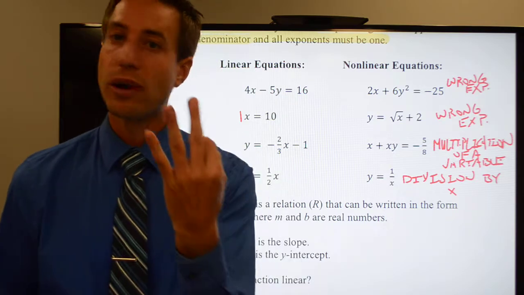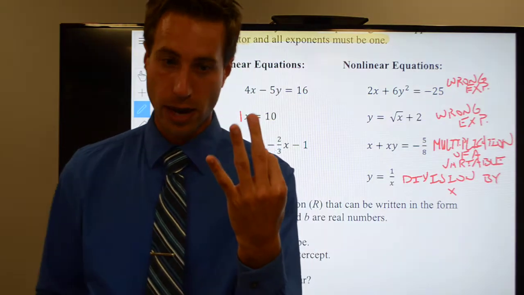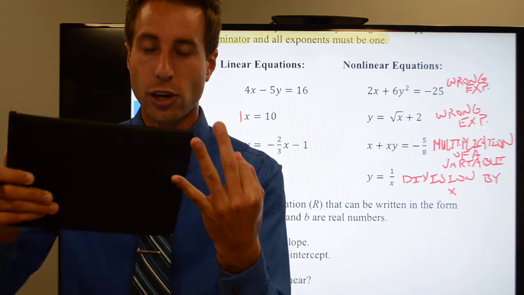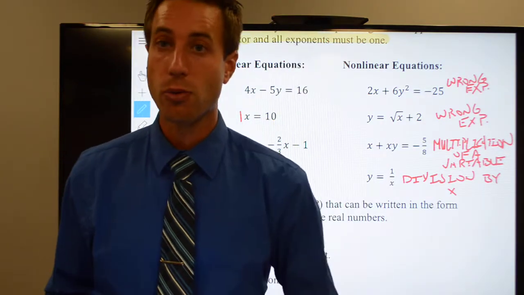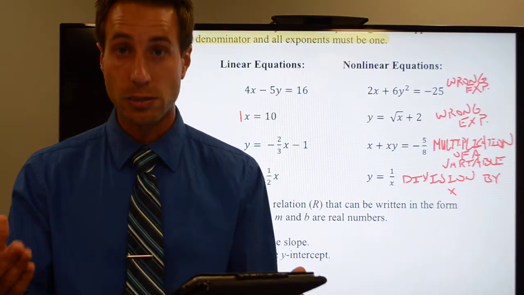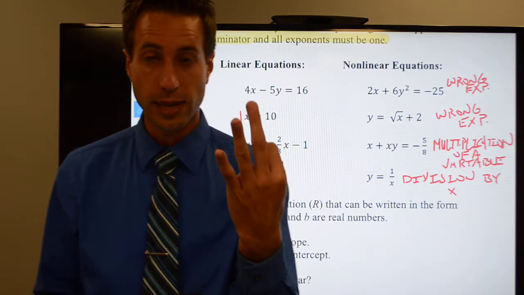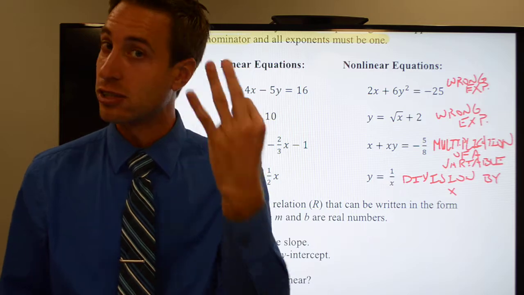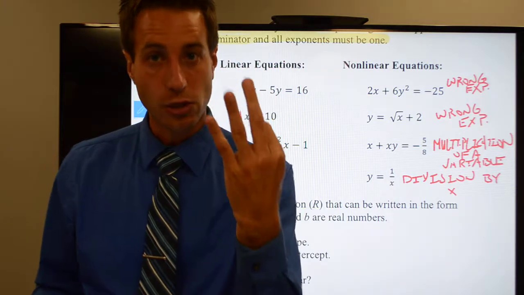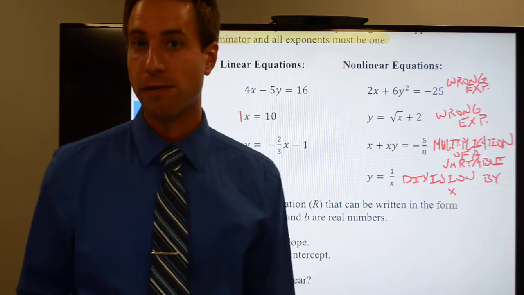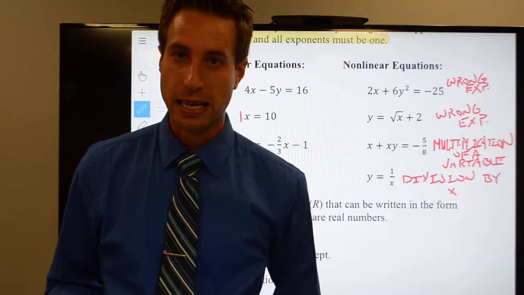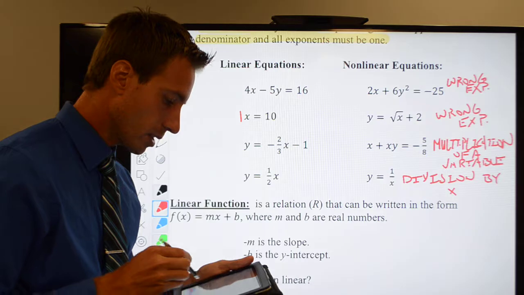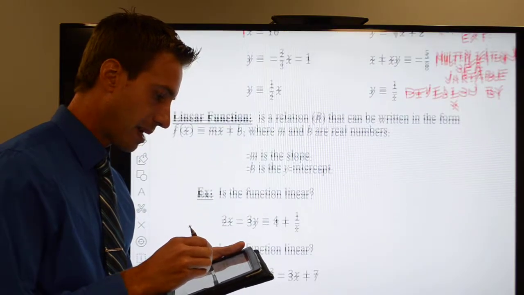As long as you don't have multiplication of variables, you don't have division by a variable, and you don't have a variable raised to a power other than 1, it's going to be linear, all right? So check for those three things. If any of them are there, it's nonlinear. But if it passes all three of those tests, then you definitely have a linear function like these examples right here. Okay, let's keep going a little bit further down here on this page.